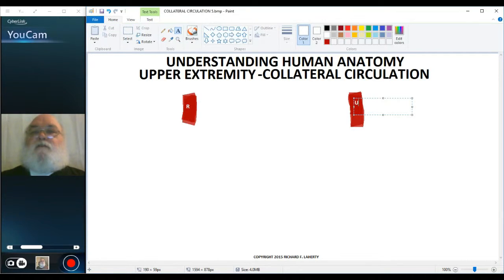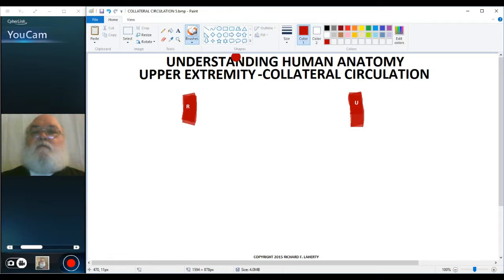So radial and ulnar arteries. The radial forms the deep palmar arch and it has a superficial palmar branch.